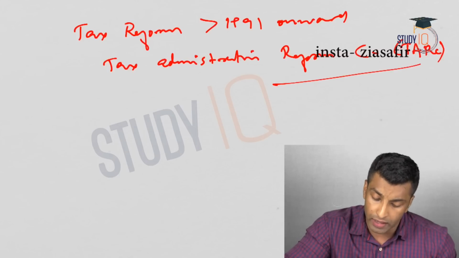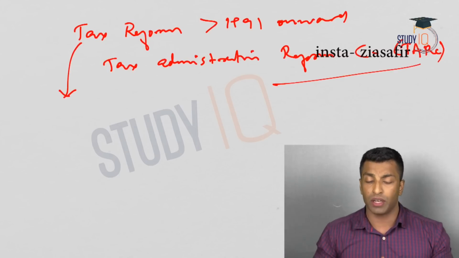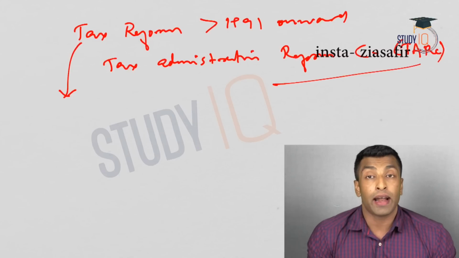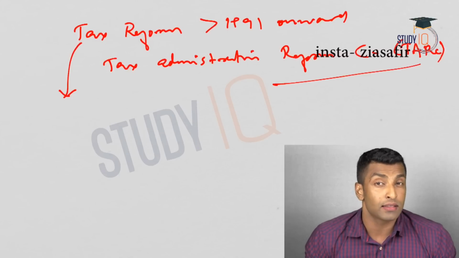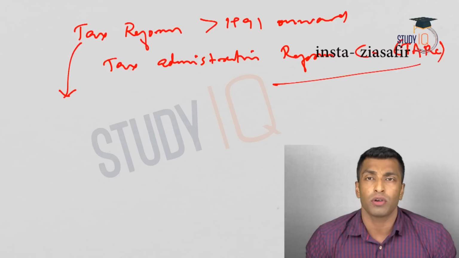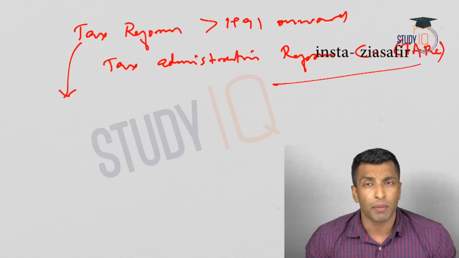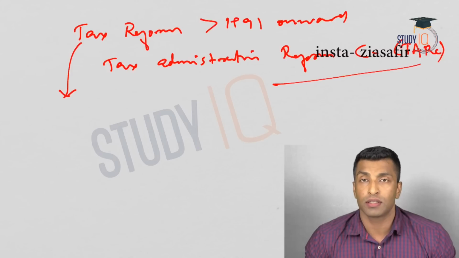So in tax reforms, basically I'll be talking about 2 committees. First, in 1991, when we discussed the banking system, we discussed a committee, the Narasimhan committee, right? I've told you most of the recommendations were implemented. And parallelly, related to taxation, there was a committee, the Chelaiah committee.